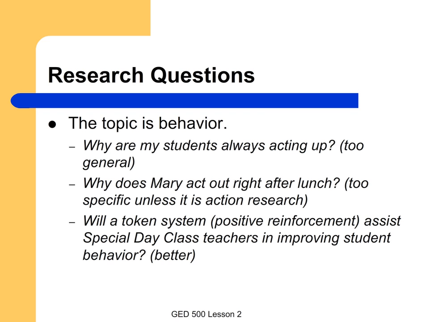Now we could do this qualitatively too, but really in qualitative, we want to look at more of the experiences versus the effectiveness, right? So here we're looking at, is this token system effective in helping the teachers to improve the behavior, right? So that's the difference there.